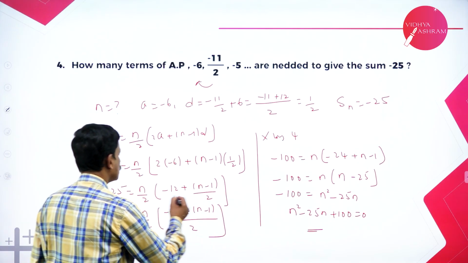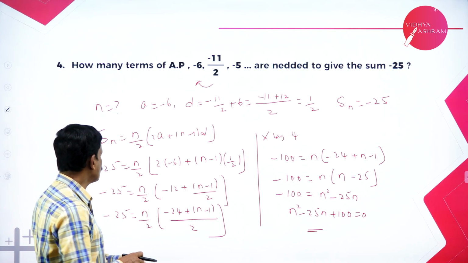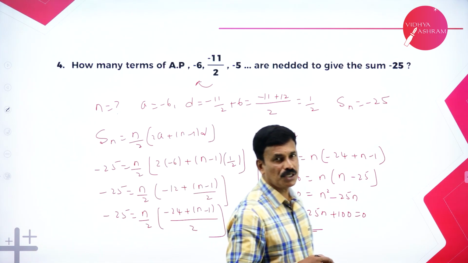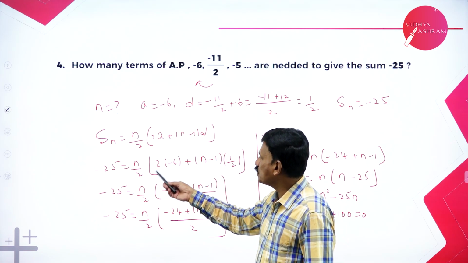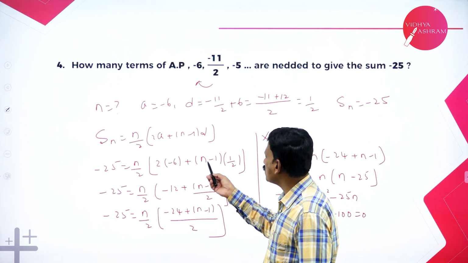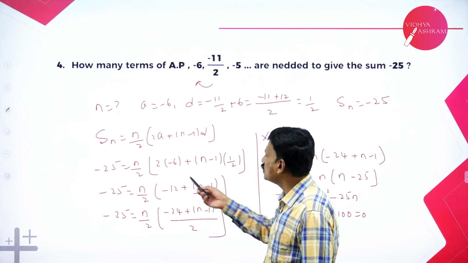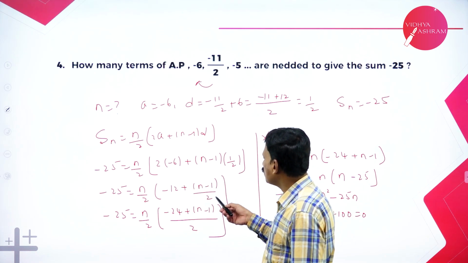Now from this, just follow this. See, what is the formula? Sn is equal to n/2 into (2a plus (n minus 1) into d). What is Sn? -25. n/2 into (2 times a, which is -6, plus (n minus 1) into d, which is 1/2). 6 twos are 12, plus (n minus 1)/2.